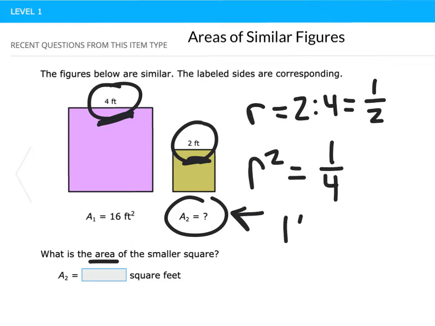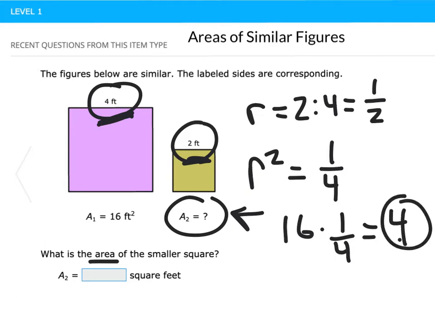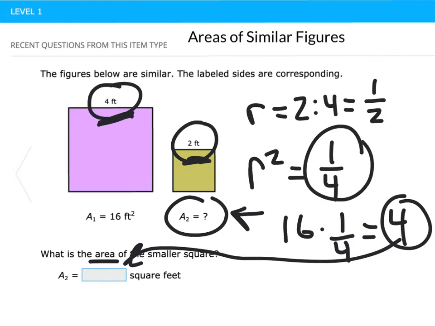So we could do 16 square feet times 1/4, and we would be finding that it's 4 square feet for our answer. Because 4 is 1/4 of the size of the original 16. Notice that it's not half the size in terms of area. It's 1/4 of the size in terms of area.